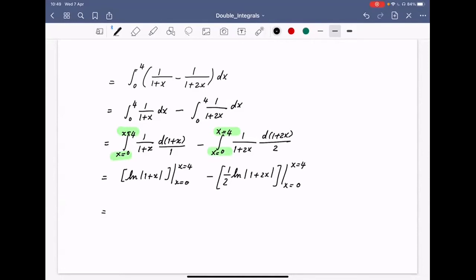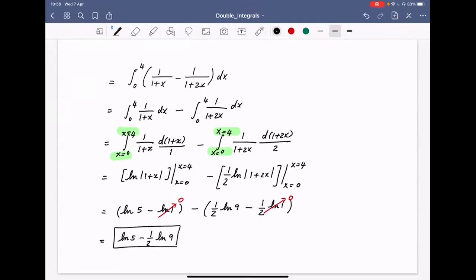So you plug in everything, and you get log 5 minus log 1, and then minus 1/2 log 9 minus 1/2 log 1. But log 1 is 0, right? Because e to the 0 is 1. So log 1 is 0. At the end, your answer is going to be log 5 minus 1/2 log 9.